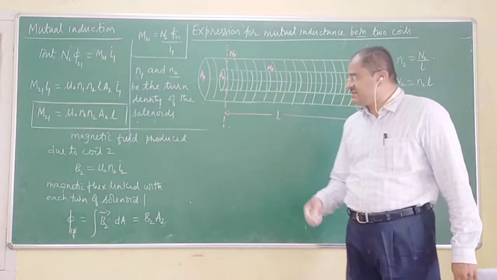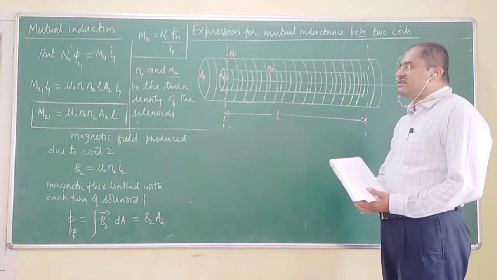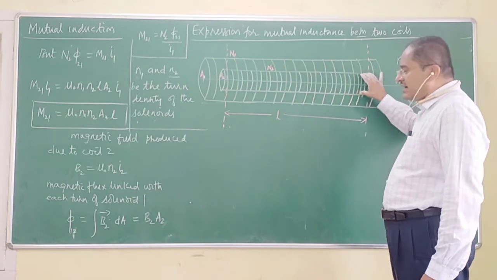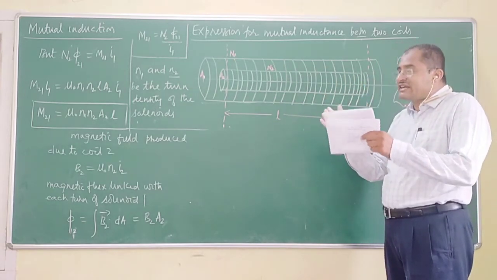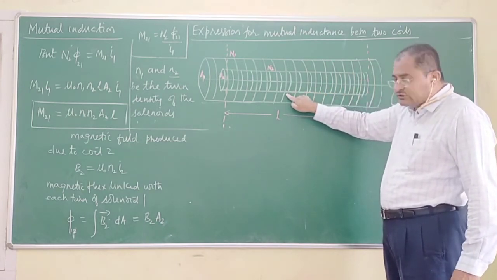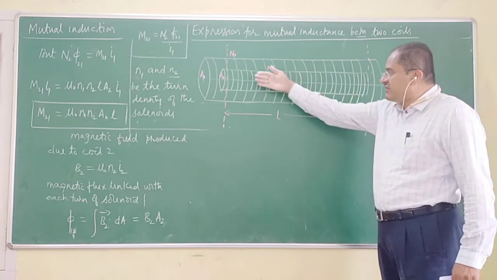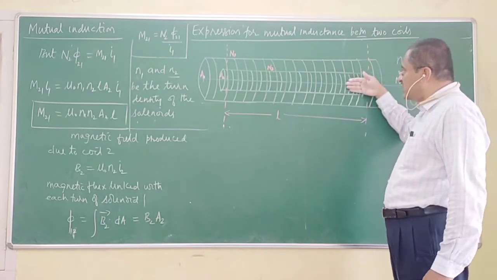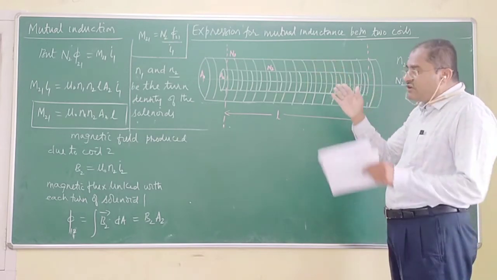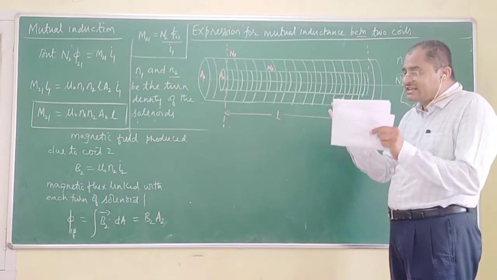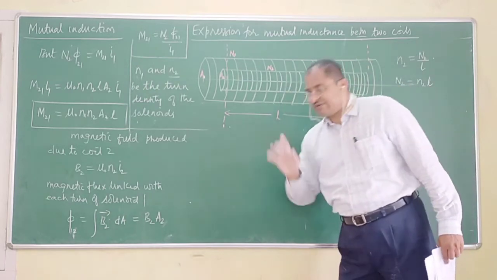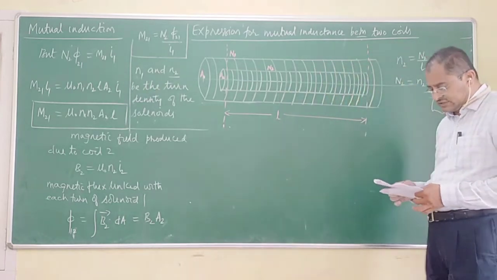The answer is, in the theory of solenoid, when current flows through a solenoid, the magnetic field is confined within the solenoid. There will be no magnetic field outside this solenoid, and therefore whatever flux you calculate has to be confined only to an area of cross section A2, not A1. That is the reason why I multiplied by A2. Is that clear to you, sir?